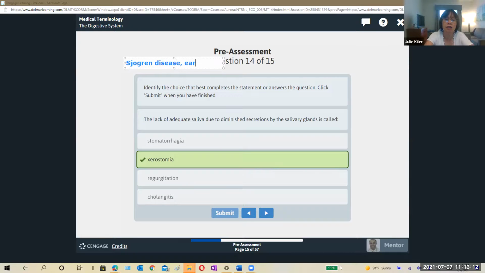So early clinical symptoms is xerostomia. This is dry mouth, right? And dry eyes. Now, what is that called, dry eyes?